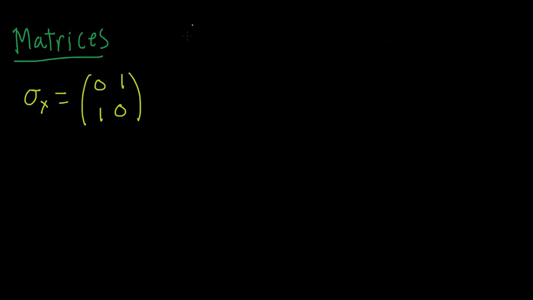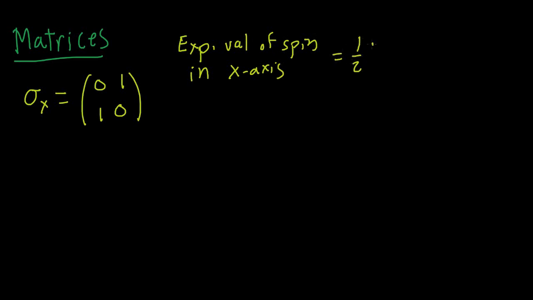Now, remember earlier when I showed that the expectation value of spin in the x-axis was equal to 1/2 times the absolute value of alpha plus beta squared minus 1/2 times the absolute value of alpha minus beta squared. Let's see what expression for the expectation value we get using sigma sub x.